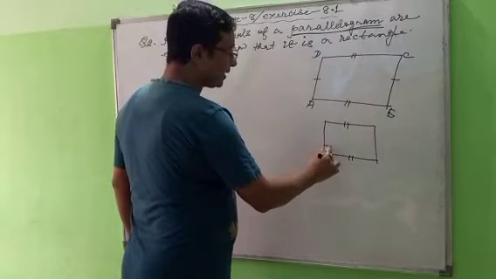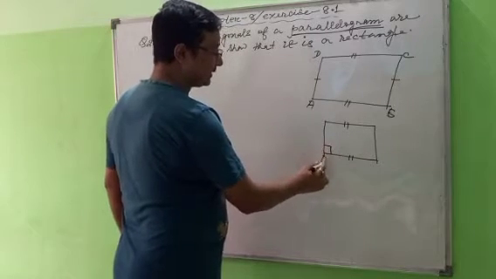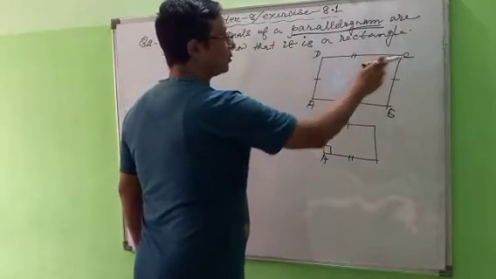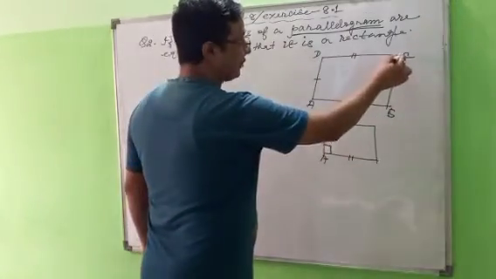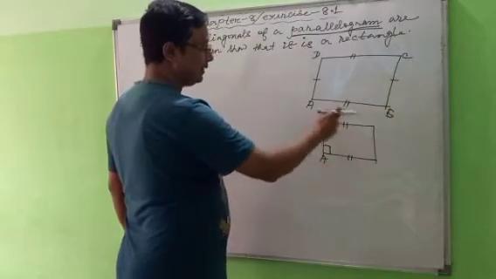Here you have to prove just one of the angles to be 90, because if this angle is 90 degrees, the opposite angles are also equal, so this should also be 90 degrees. In that case, you will get a rectangle.